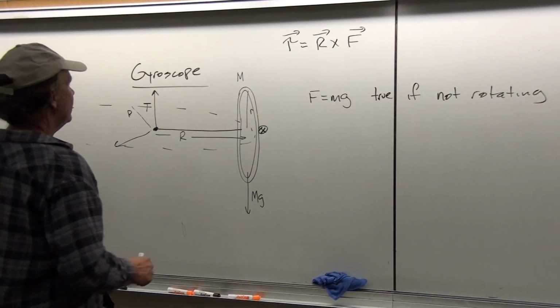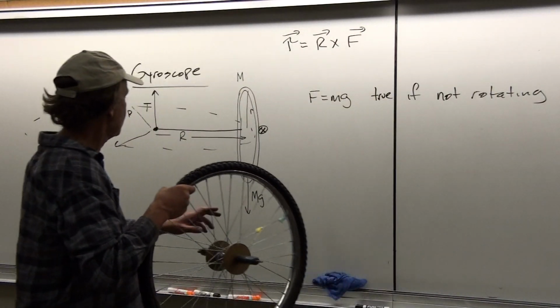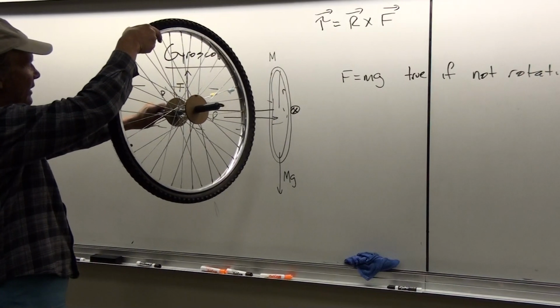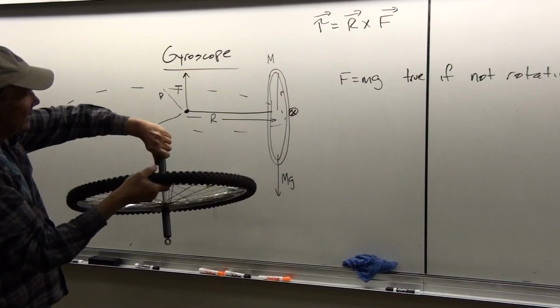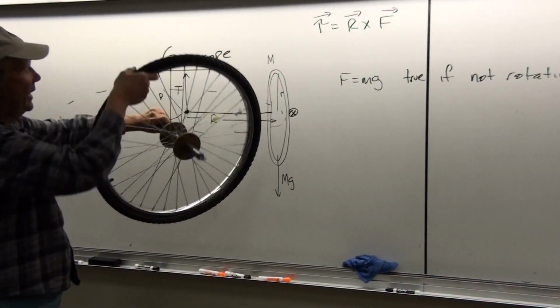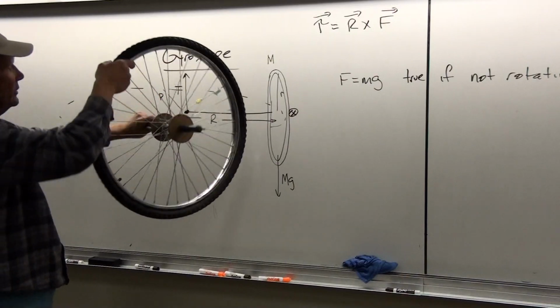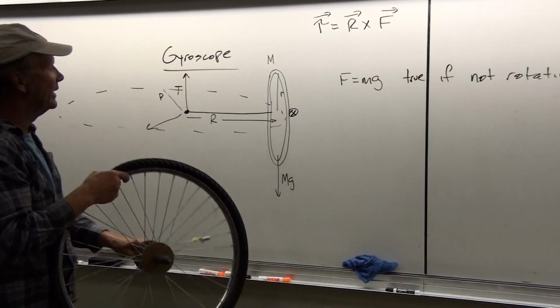Now, if you take a mass and you hold it out like this, and it's not rotating, and that's the kind of perspective I'm trying to draw here, then we see that there is a torque that is going to make the system want to rotate like this. Okay, and so that's what we would expect.